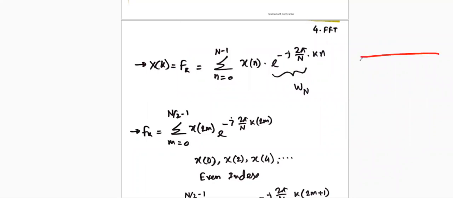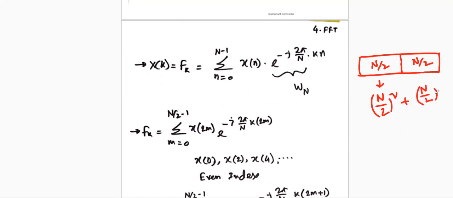On the other hand, what happens if I divide into two sections? In this case, how many multiplications do you need? Because you are dividing into two sections, it needs N by 2 whole square plus N by 2 whole square. And now you can understand that it actually reduces the overall multiplications, not by a huge margin, but at least by a considerable amount when the value of N is high.